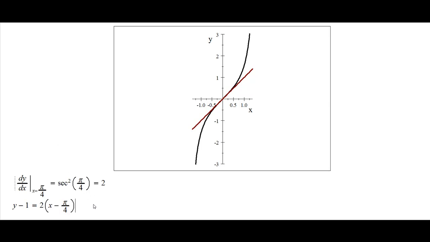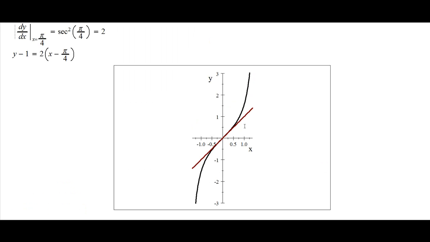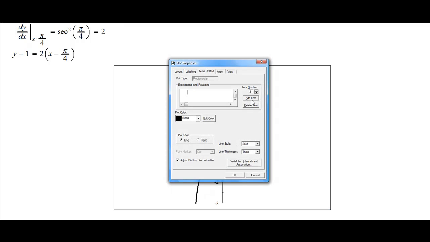Now we will see if that does a good job in this area. Let me bring that in here for you. So we have 2 times x minus pi over 4, and then we have a 1. We had red before, so we might give this a blue.